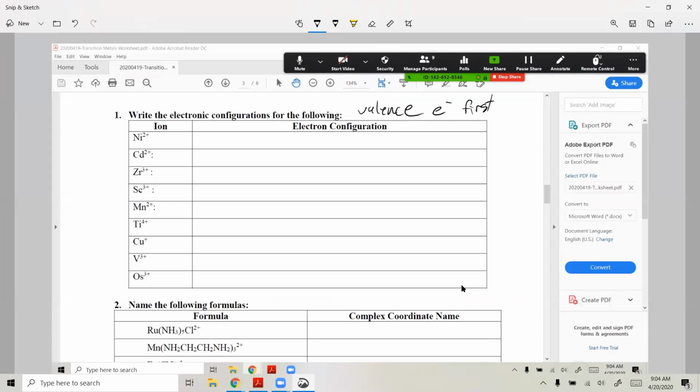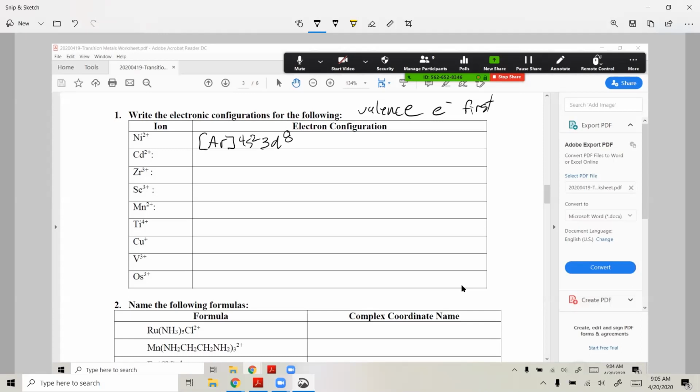So when you have something like nickel, nickel starts out looking like argon, then we're on the 4s2, and then we have 1, 2, 3, 4, 5, 6, 7, 8 electrons.